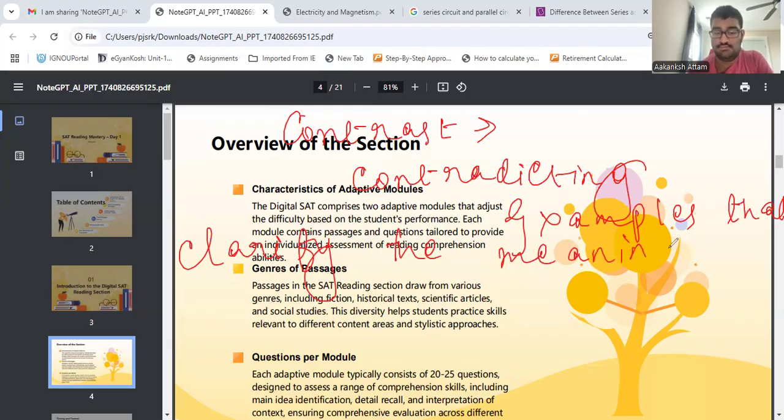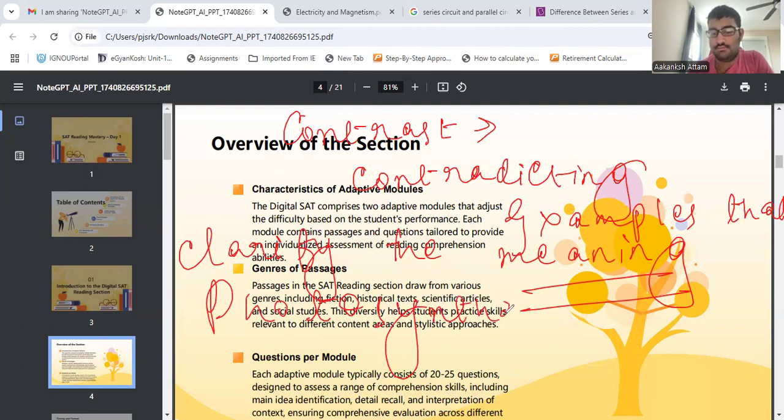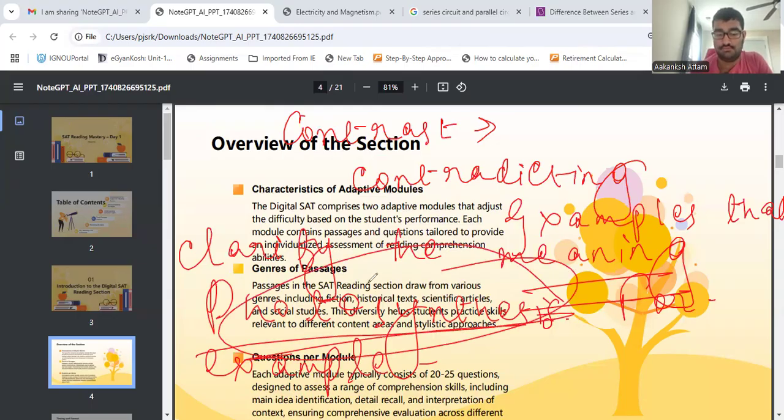So when we try to explain the meaning of, let's say, photosynthesis, after the end of the definition, we try to illustrate or clarify the meaning of the same, starting with for example. So this is the example which is clarifying the meaning of photosynthesis.